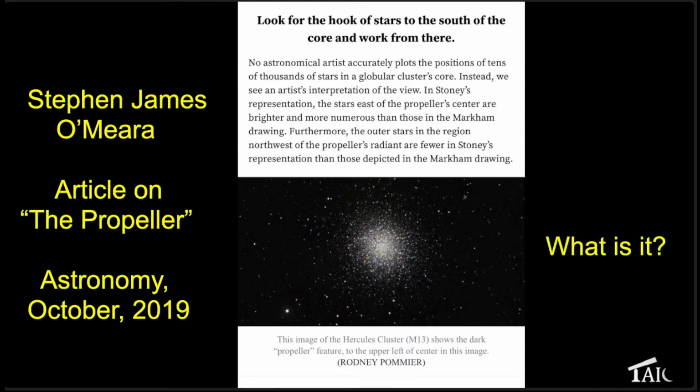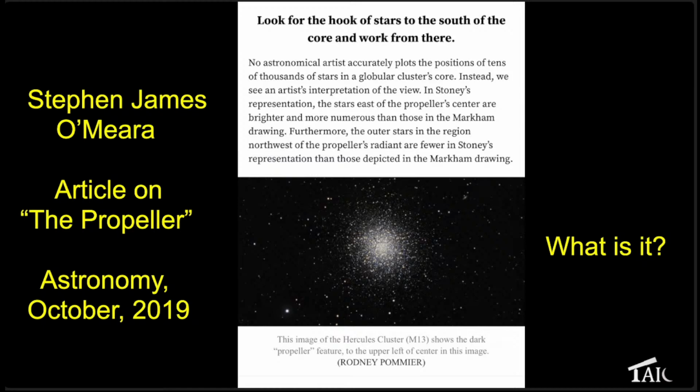Now, what the propeller is is hotly debated. Some people think that these are just gaps in the globular star cluster where there are fewer stars, and other people think it's dark material. It is not something between us and the globular star cluster that is basically eclipsing it, because you can see stars in the globular cluster that are in front of this dark material.